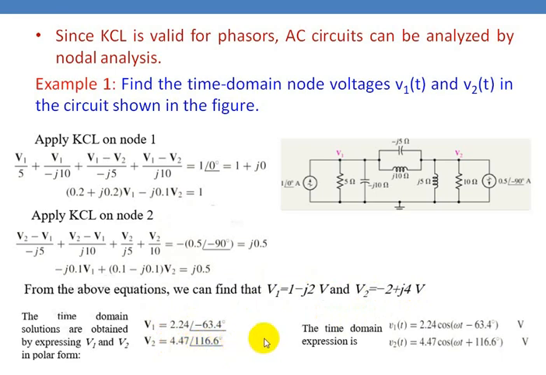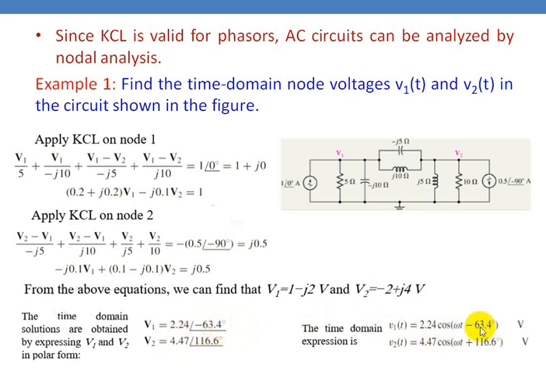If you want to write these expressions in time domain, it is very simple. V1 of t will be equal to, you write this amplitude as it is, 2.24, then assuming that it is a cosine wave, 2.24 cos of omega t, and then whatever angle you get, here minus 63.4, you write this angle here.